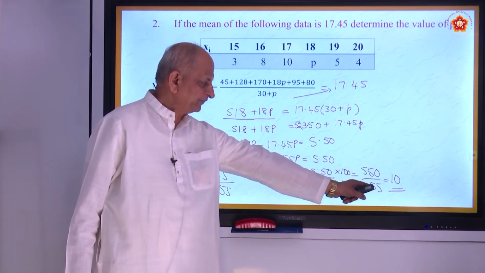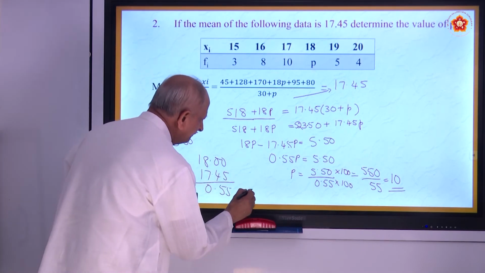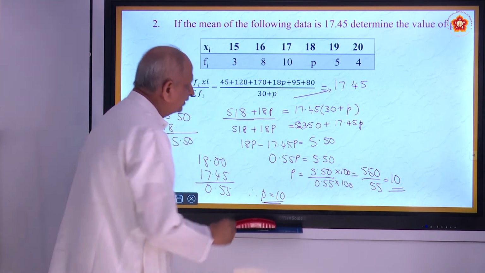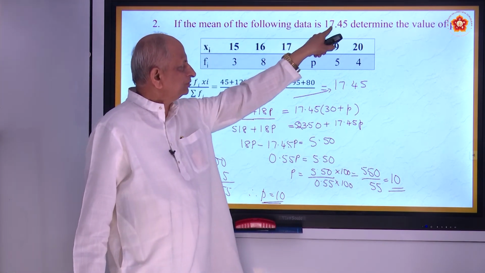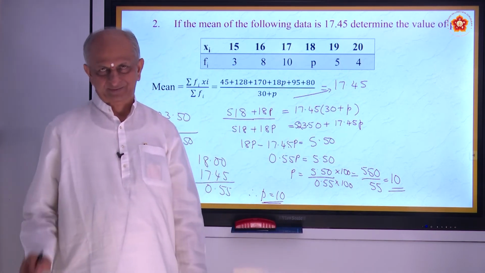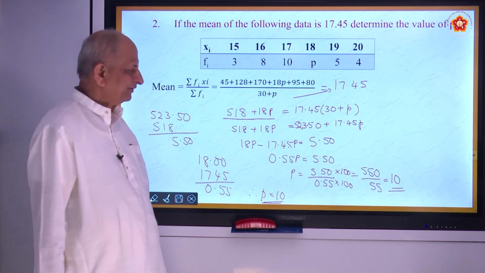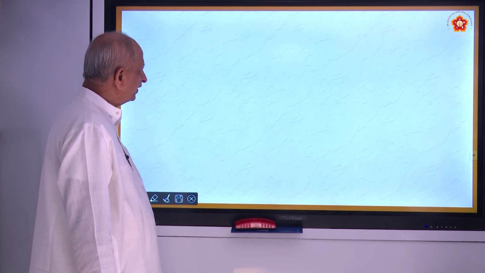You get 550 by 55, that is equal to 10. So for the value of p equal to 10, the mean of this table will be equal to 17.45. Is it okay? Noted? Okay, we will pass on to the next problem. That is today's topic.